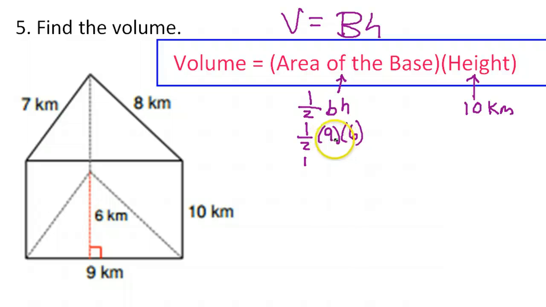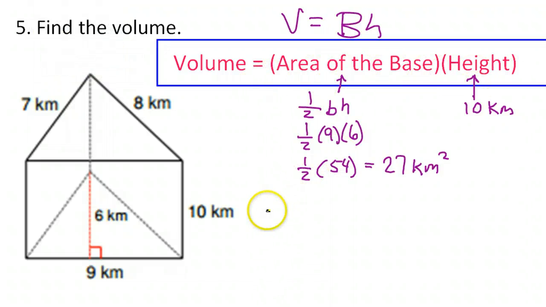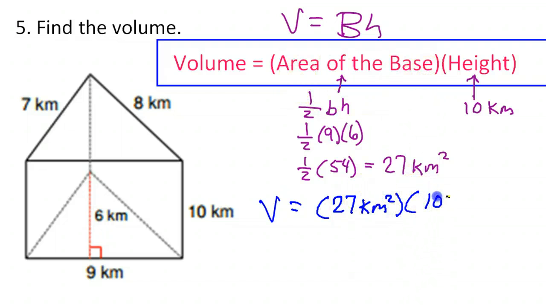So what is that? 6 times 9 is 54. So this is 1/2 of 54, and that is going to equal 27. So the area of the base is 27 kilometers squared. So since the volume is the area of the base times the height, the volume will be 27 square kilometers, that's the area of the base, times the height, which is 10 kilometers.